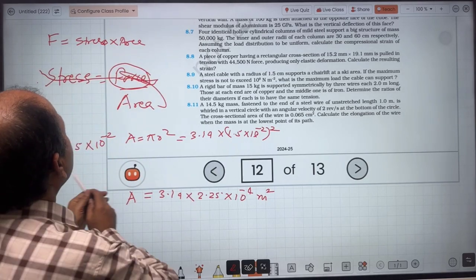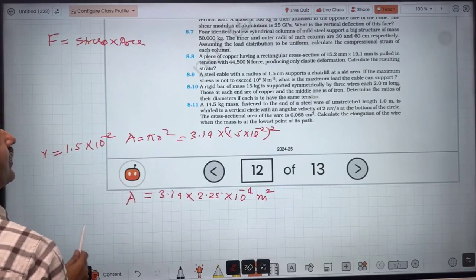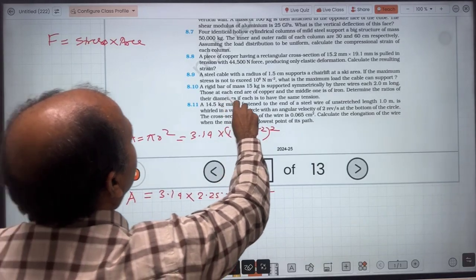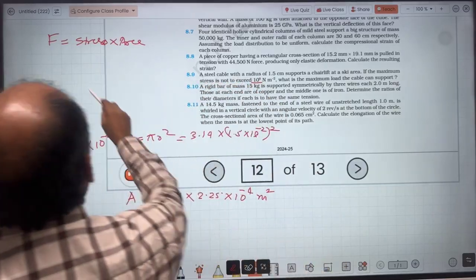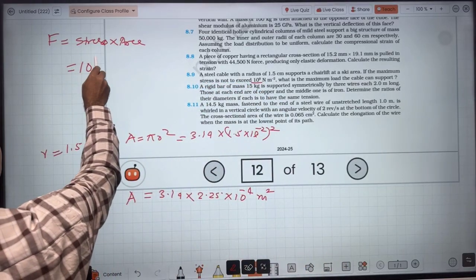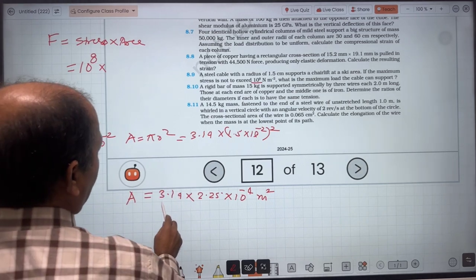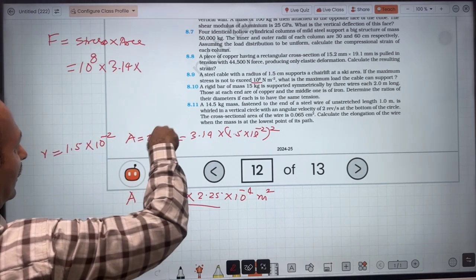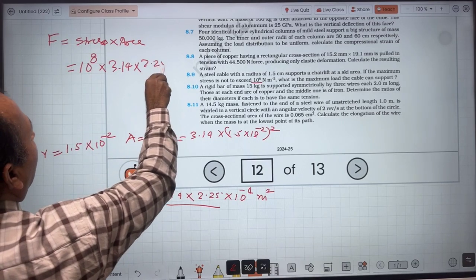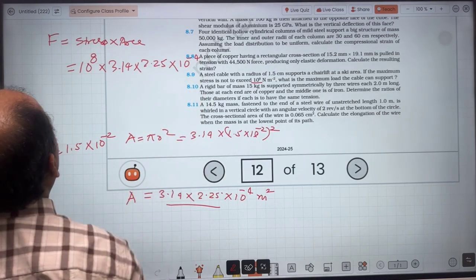In our question we are given stress and area. Stress is given as 10 power 8, and area is 3.14 into 2.25 into 10 to the power minus 4.